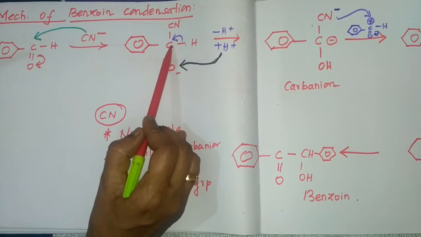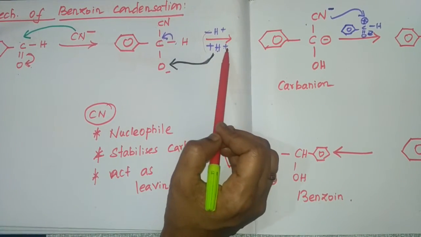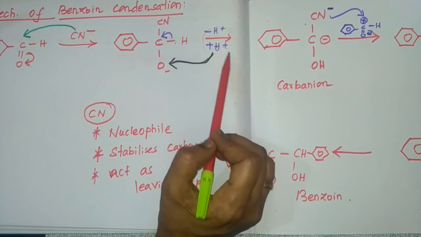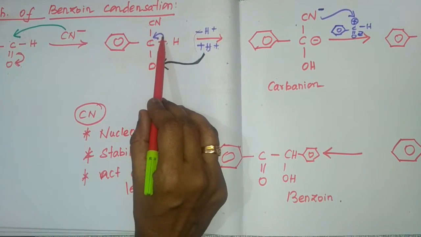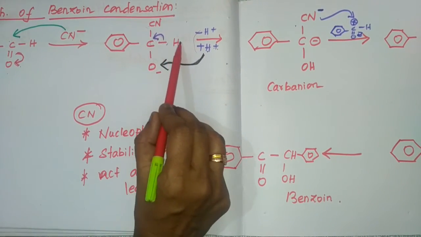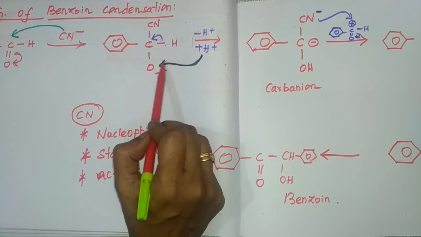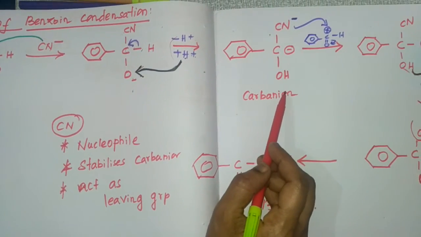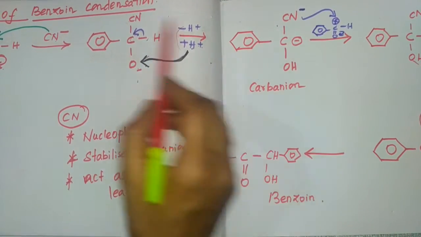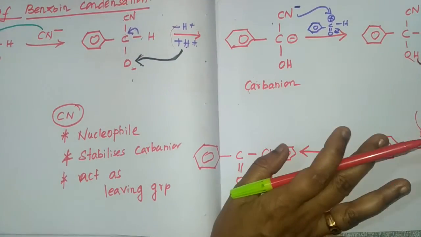First this carbon will take the electrons from here, and in this step an important point is that removal of hydrogen and addition of hydrogen take place simultaneously. When this carbon takes the electrons, H will get removed in the form of H plus, and it will combine with this O minus. That is what I showed in the carbanion. It is taking the electron, so this is negatively charged, and this is the carbanion.